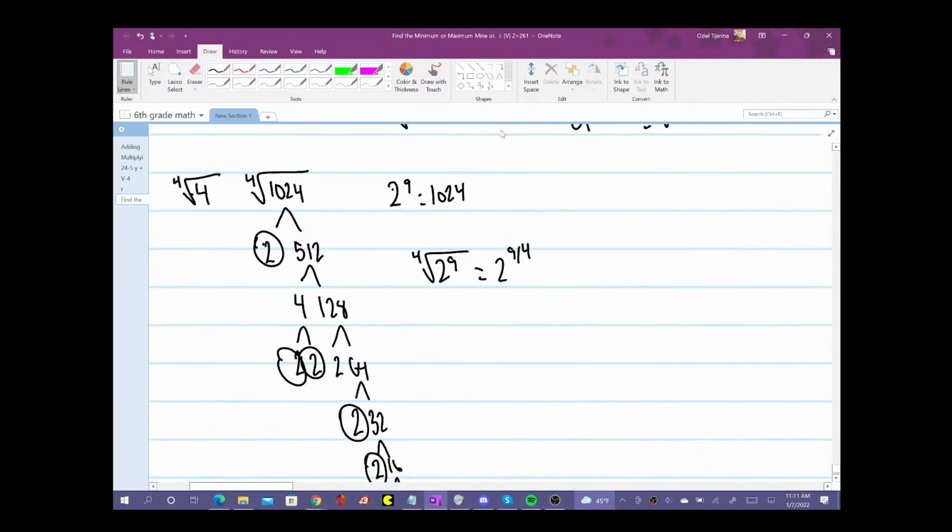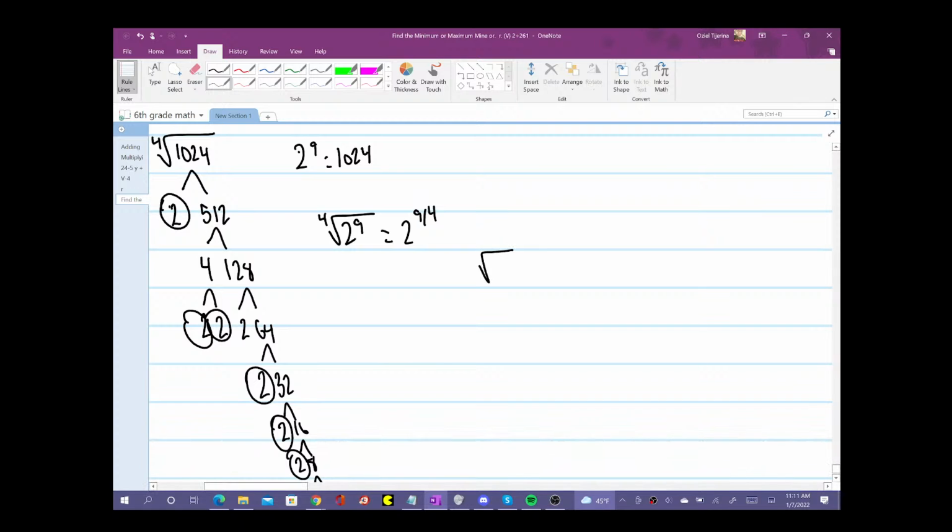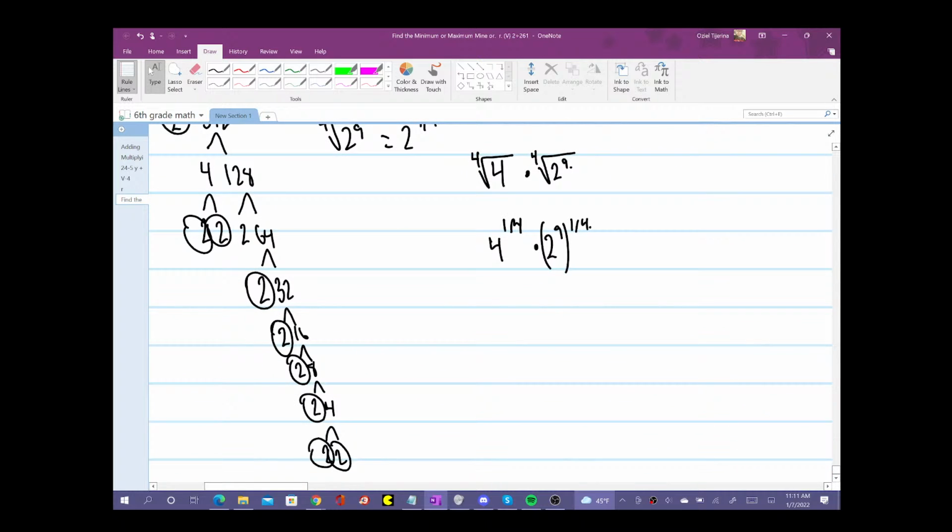So we have the 4th root of 4 times the 4th root of 2 to the 9th. So again, this is actually 4 to the 1/4 times 2 to the 9th raised to the 1/4 power.